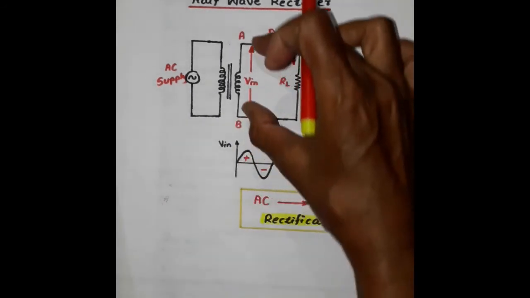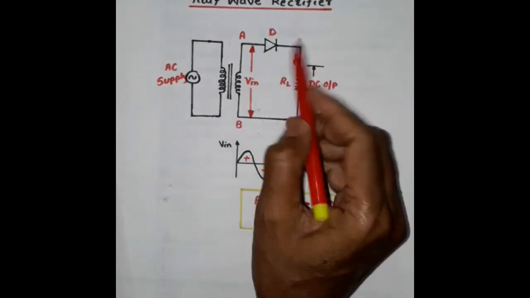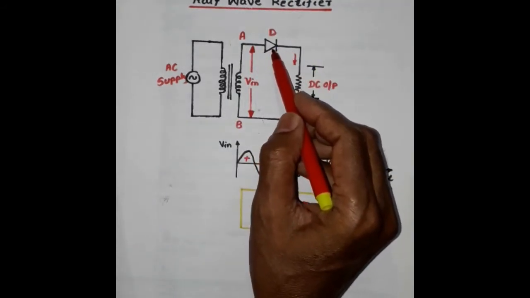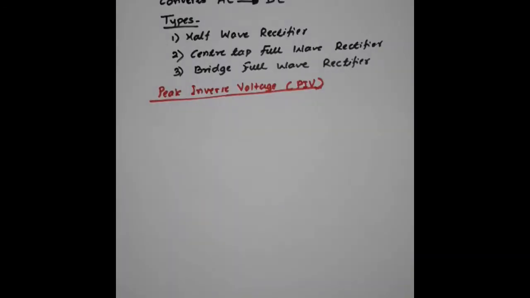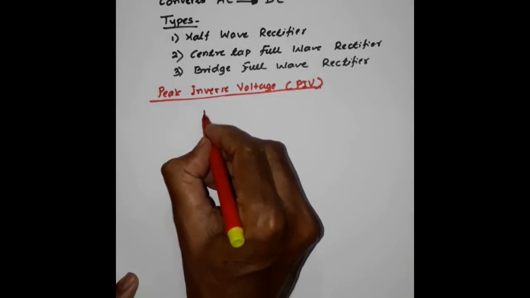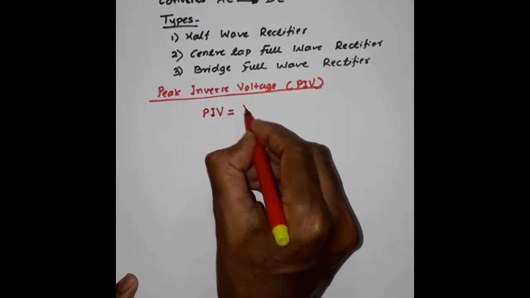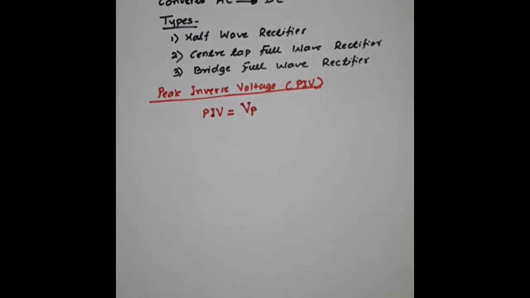If this voltage is Vp, then this total voltage appears across the diode when it is not conducting. So in case of half wave rectifier, the peak inverse voltage, PIV, is equal to Vp. Total secondary voltage appears across the diode when the diode is not conducting. So PIV is equal to Vp.